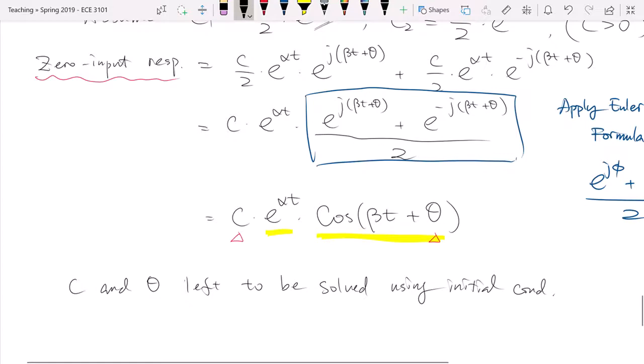Okay, so this is the procedure that we have when we have complex roots. Let's pause a moment. In the next video, we'll use an example to illustrate how on earth we are going to use the C e to the alpha t cosine beta t plus theta formula to calculate the zero input response for this complex root case.